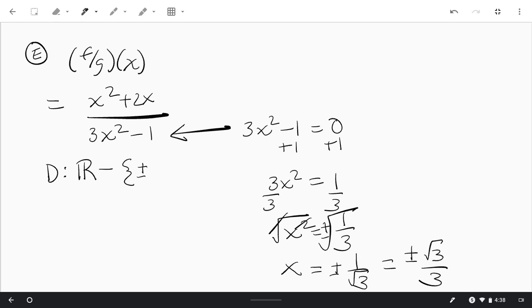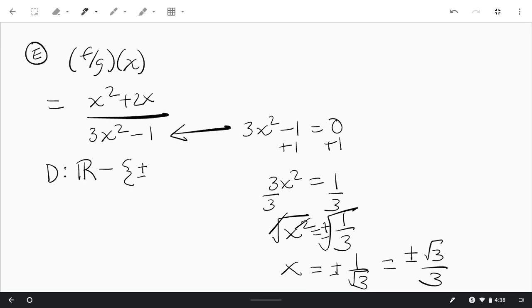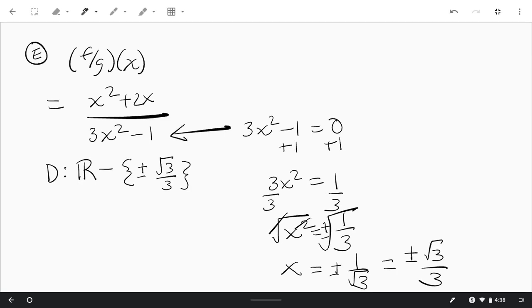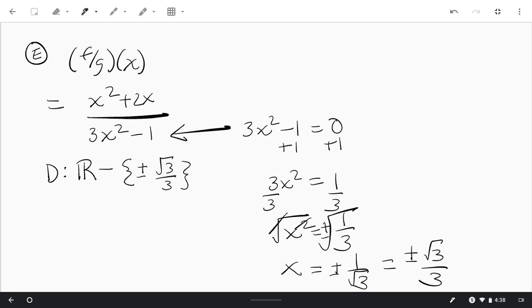I will just go ahead and write it like this. So these are the numbers that are not part of the domain, because if we use them, we end up with 0 in the denominator, which makes this undefined.